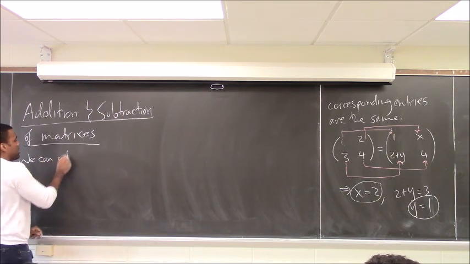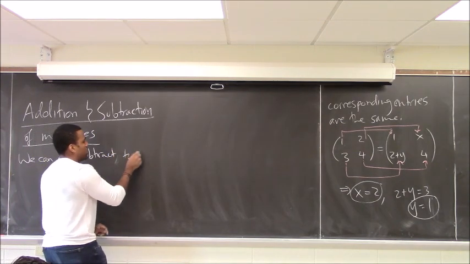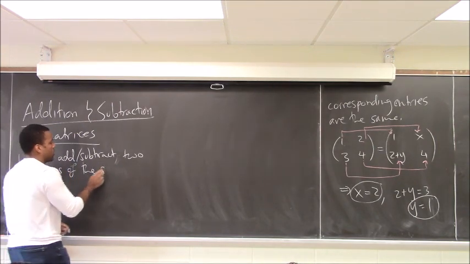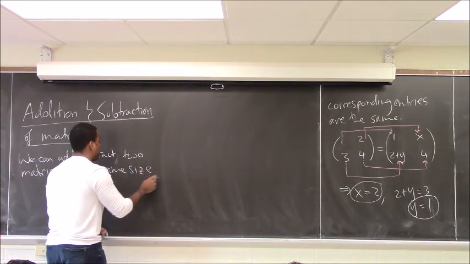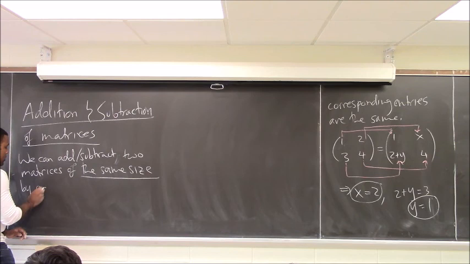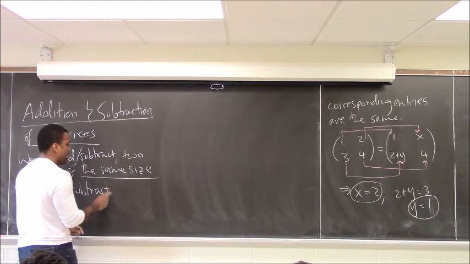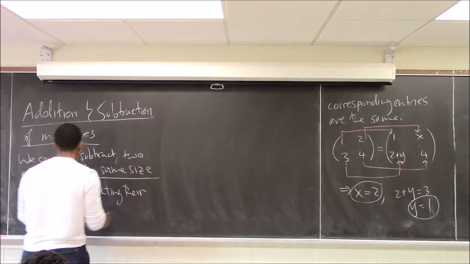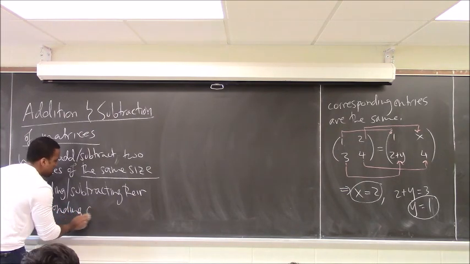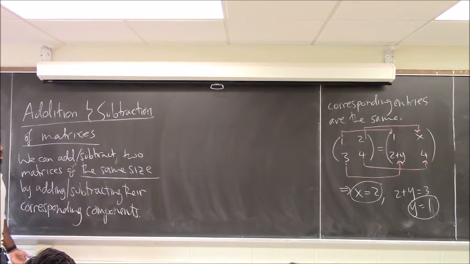We can add or subtract two matrices of the same size. In order to add or subtract matrices, they have to be exactly the same size, by adding or subtracting their corresponding components. It might seem obvious, but again, perish the thought. Yeah, that's it, that's how you add two matrices.